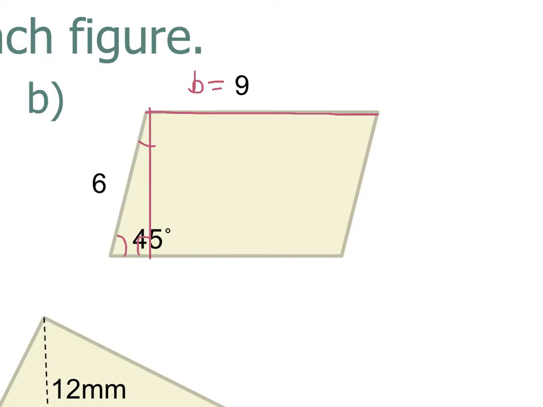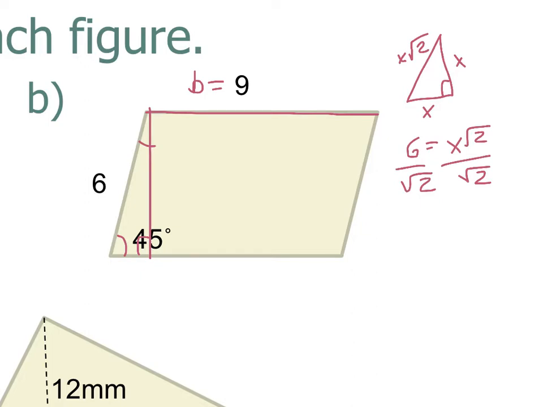So we know in a 45, 45, 90, if this is x and this is x, this is going to be x square root 2. So it gives us our hypotenuse of this triangle, which is x square root 2. So 6 is equal to x square root 2. So we just divide by square root 2, and this is going to be our x.